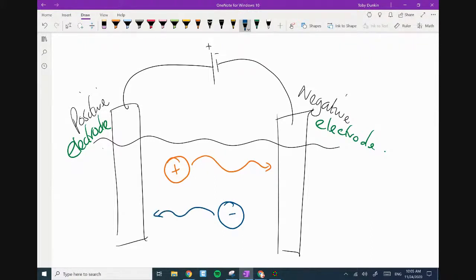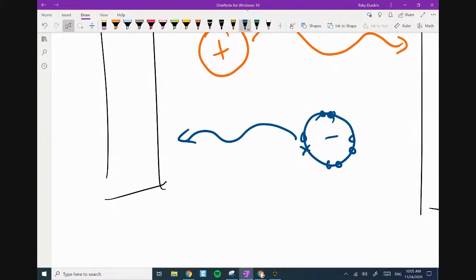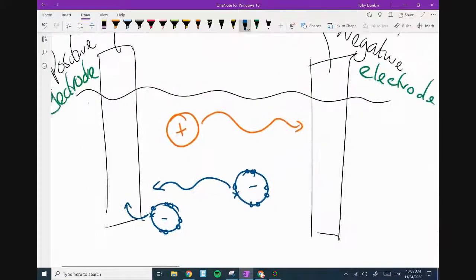Opposite charges attract. Now we know that the negative ion has an extra electron, and the positive ion has lost its shell altogether. Now, when the negative ion strikes the surface, it will drop off that extra electron, it will spit it out.